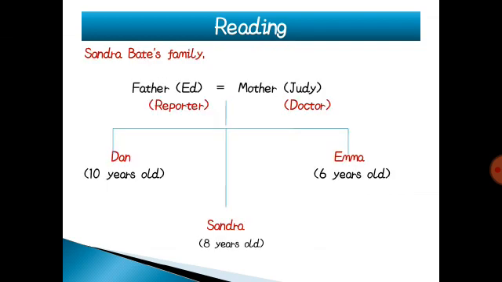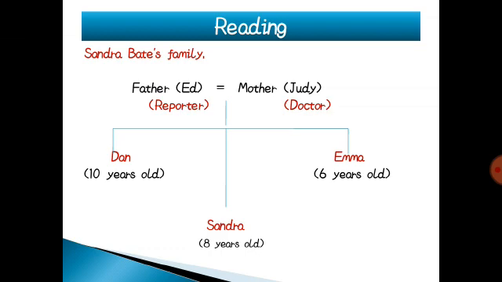Look at this. What is this? This is a family tree of Sandra Bates. It is telling us about Sandra Bates' family. It consists of 5 members: father Ed, who is a reporter, mother Judy, who is a doctor, and the 3 children, Dan, Emma, and Sandra.